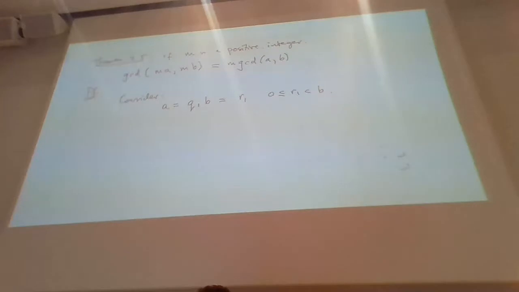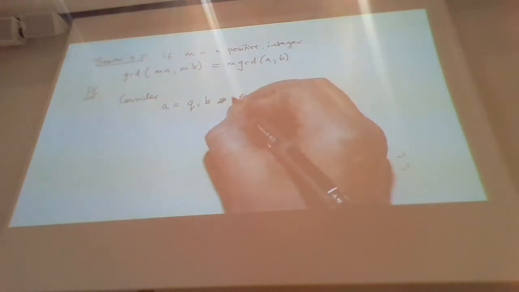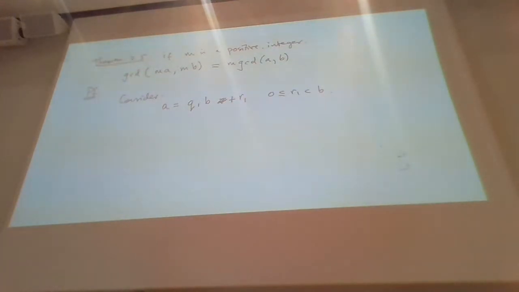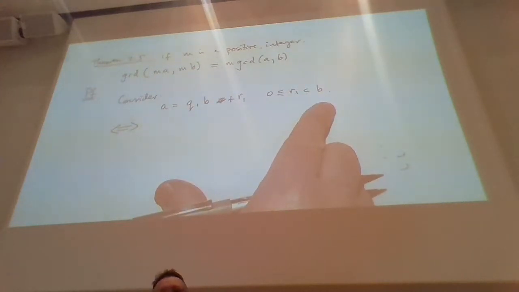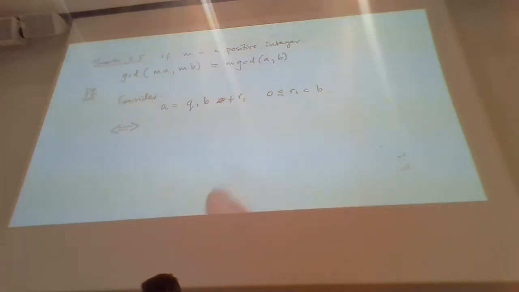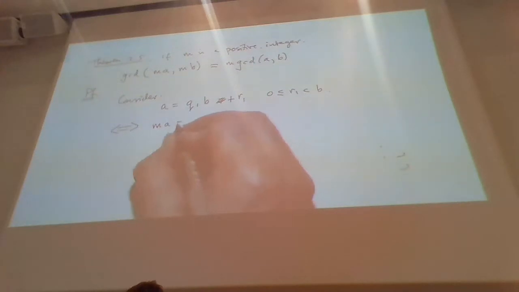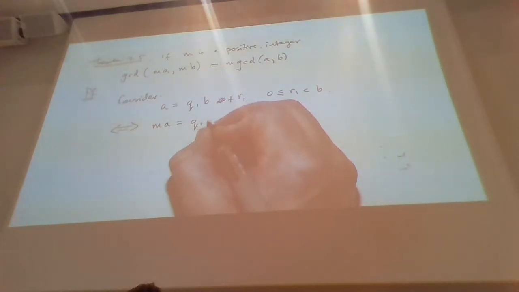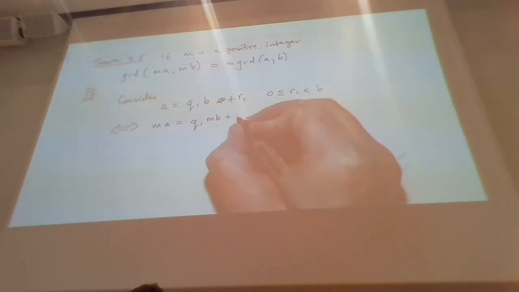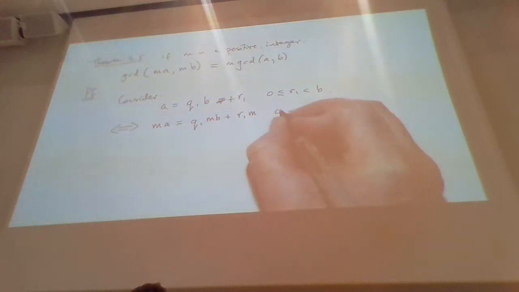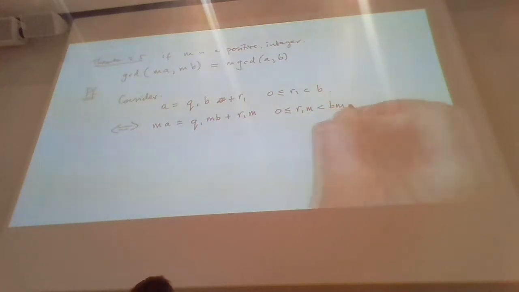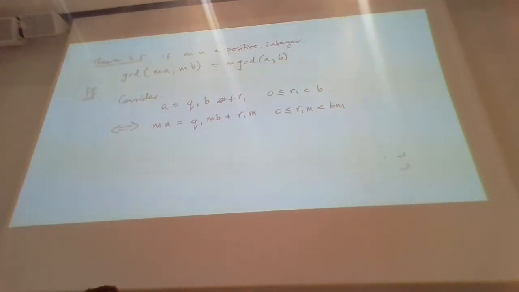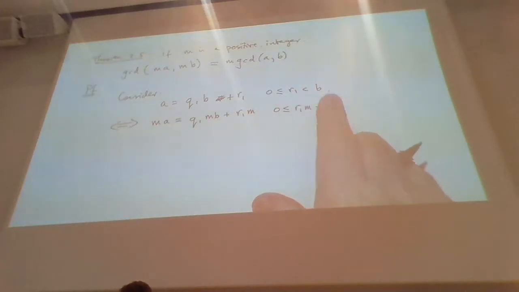That's what the first equation looks like in the Euclidean algorithm. But of course, this equation and inequality are only true if this one is true, where we simply multiply the whole equation across: you multiply both sides of the equation by m, you multiply both sides of the inequality by m.